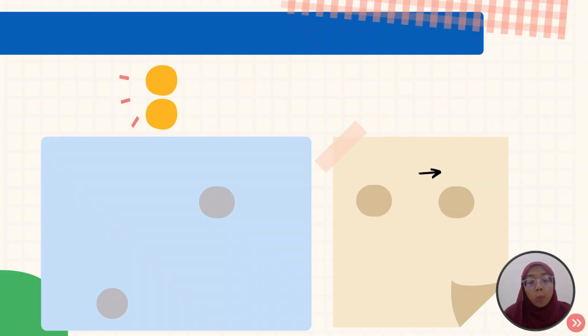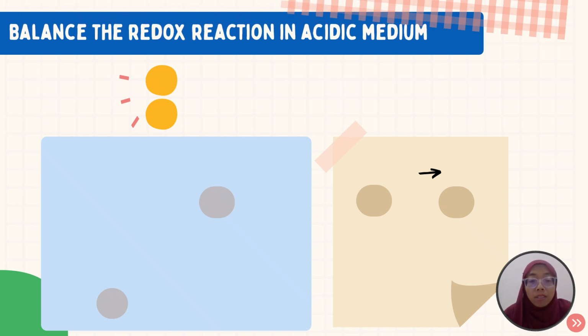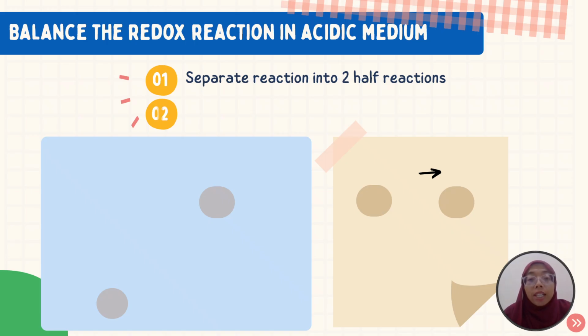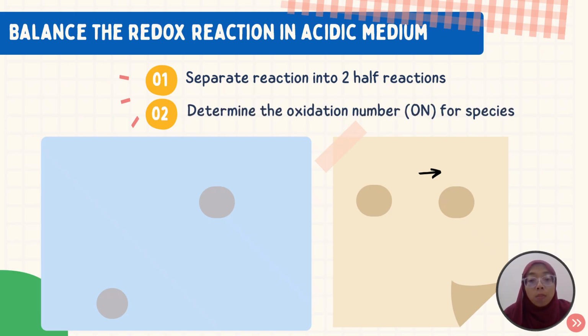Just now, we learned about the steps on balancing redox reaction. Remember step number 1? Step number 1 is separate the reaction into two half reactions and find the oxidation number for the species. We have the equation before, right?